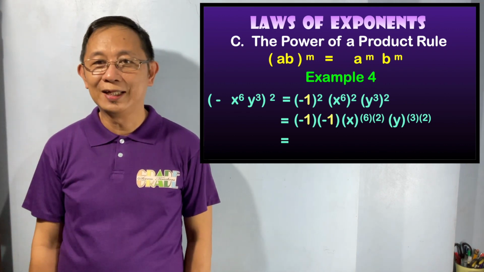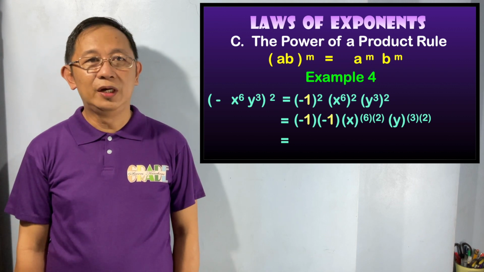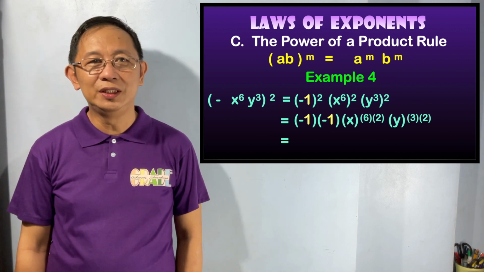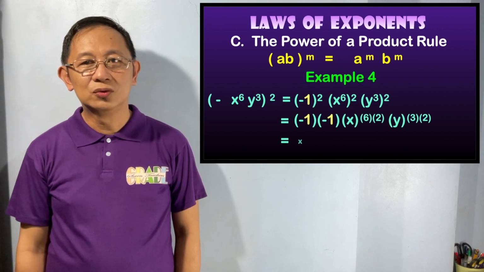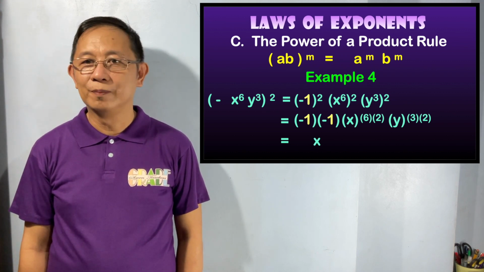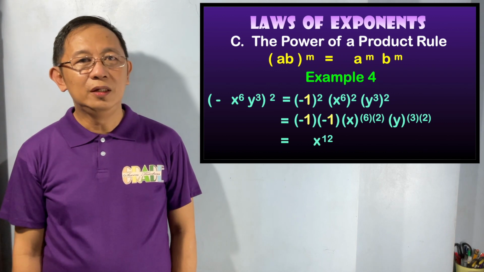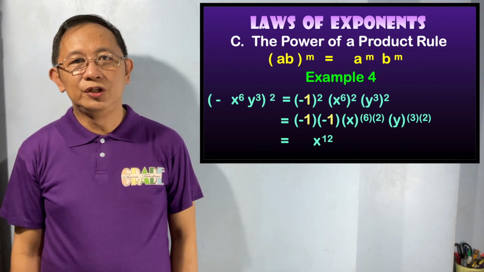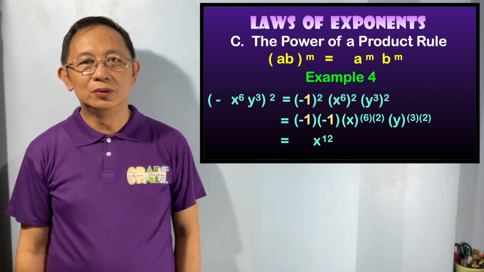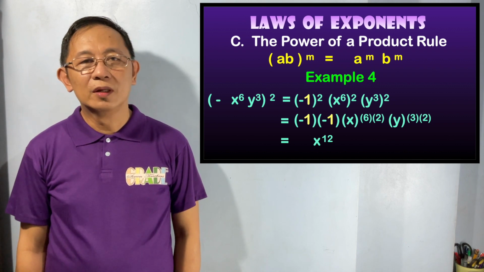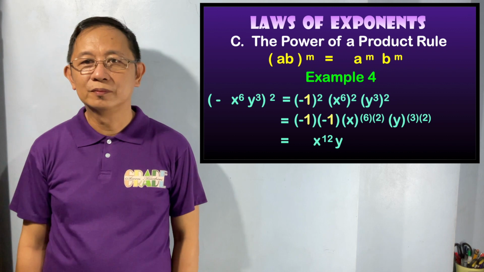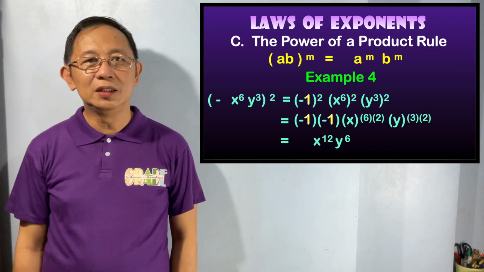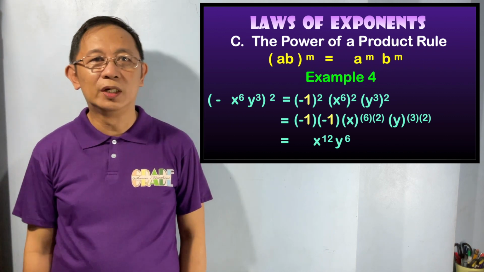I will explain later why. So, x raised to the 6 times 2 power is equal to x raised to the 12th power. Y raised to the 3 times 2 power is equal to y raised to the 6th power. Now multiply negative 1 times negative 1.